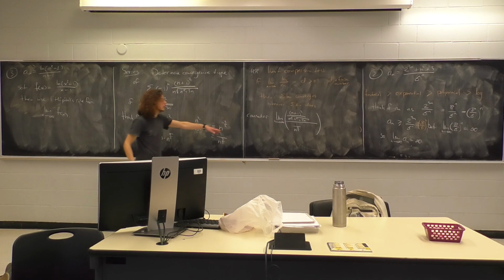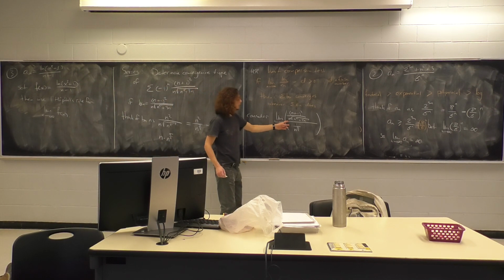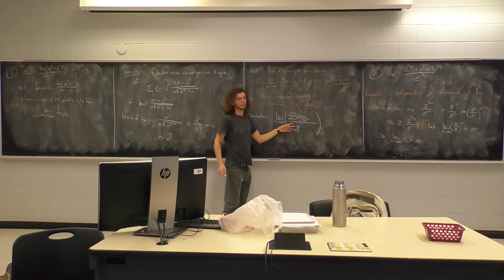And this whole process of keeping only the highest exponents, the highest powers of n whenever you see them, is actually designed so that if you do this, you get a finite number. You'll get 1 actually. And you always get 1 if you follow this procedure.